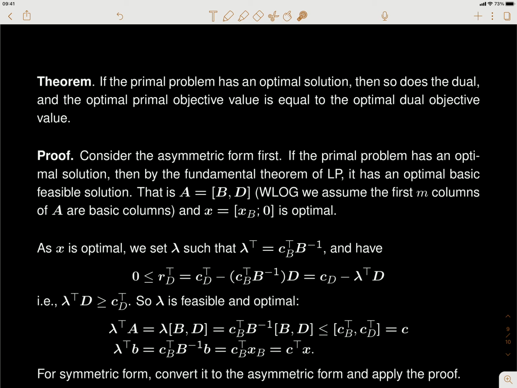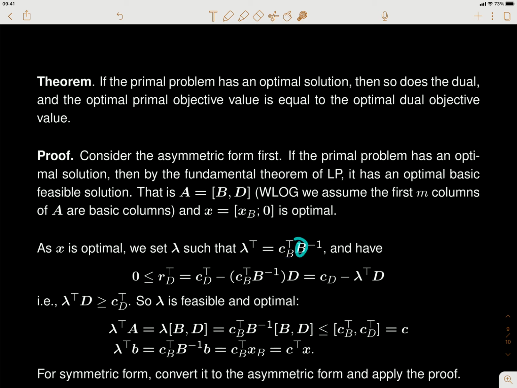And now, let's say that we can just define our lambda to be this. So lambda transpose is this. It just means that lambda itself is the transpose of this, but we just keep this form. Lambda is an m-dimensional vector, and lambda transpose is set to C_B times B inverse.